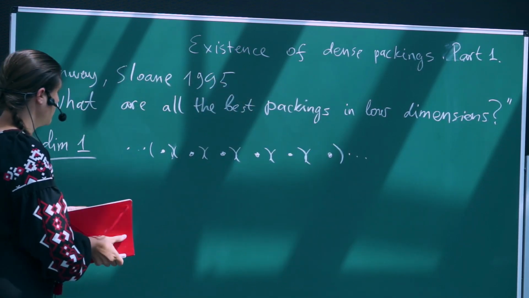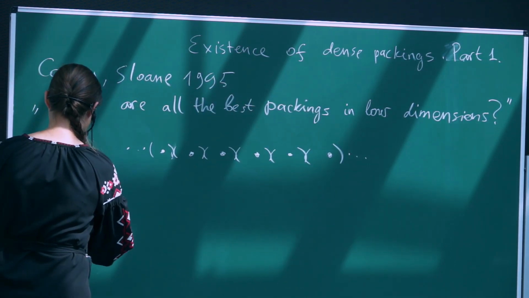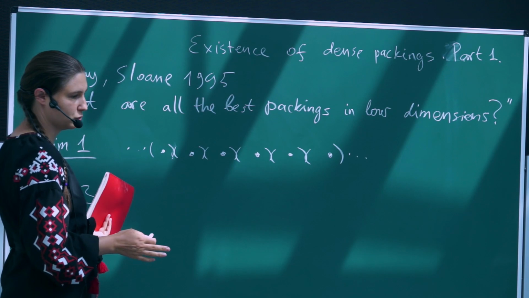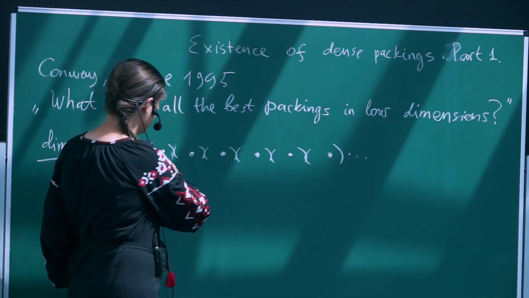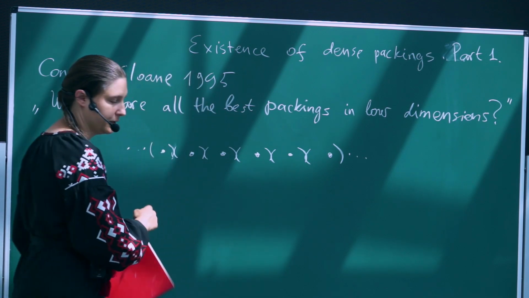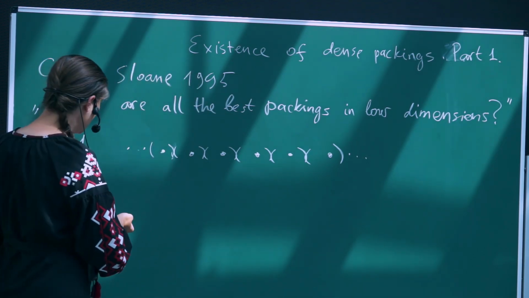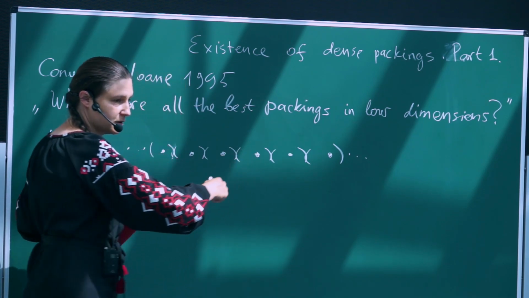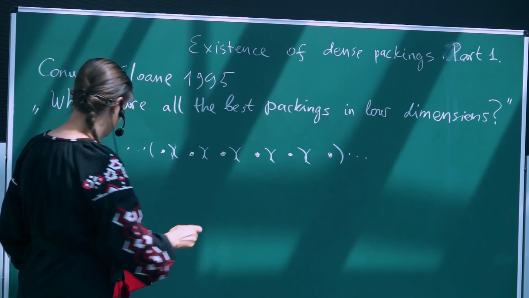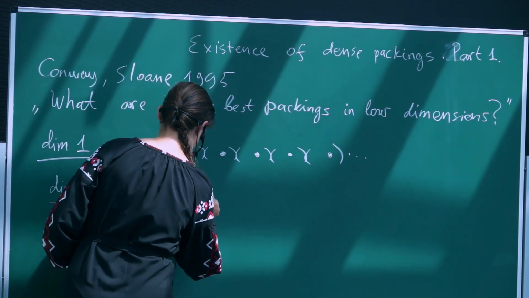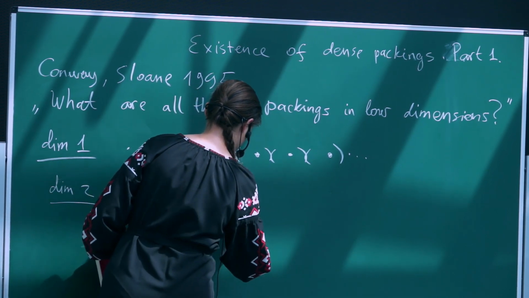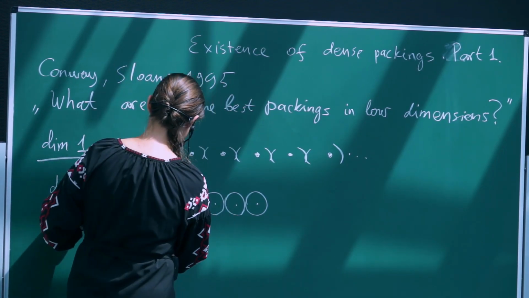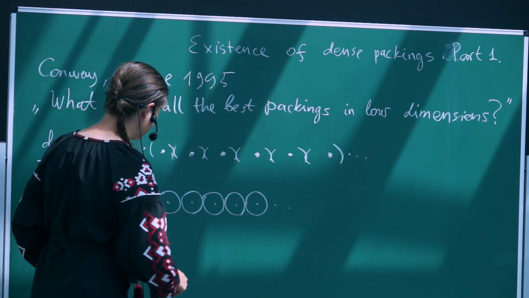Now let's use this packing to construct a laminated packing in dimension 2. We replace all these intervals by two-dimensional disks, and we try to stack these lines of disks together as densely as we can. We have this first line of disks, which goes infinitely to the left and to the right.